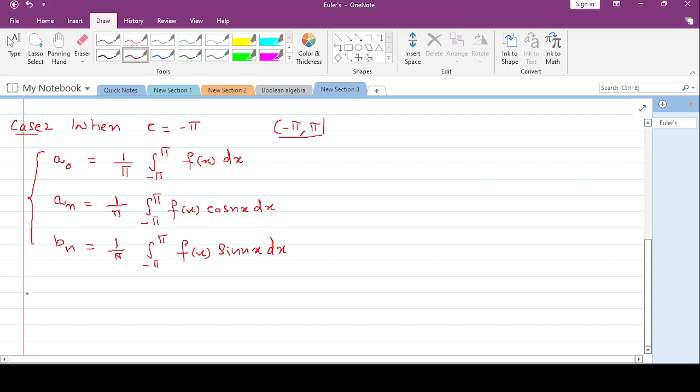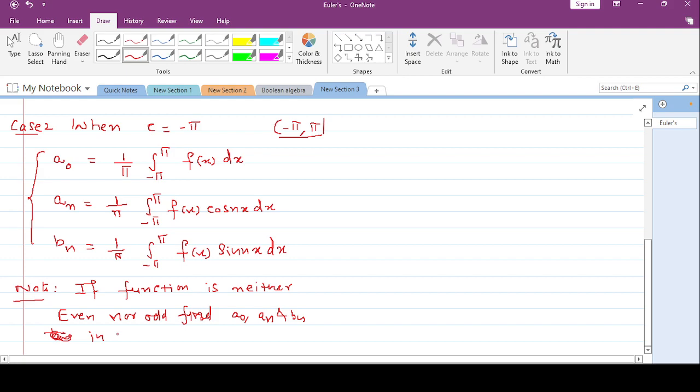But here we note one thing: if the function is neither even nor odd, we find a naught, a_n and b_n in those questions.